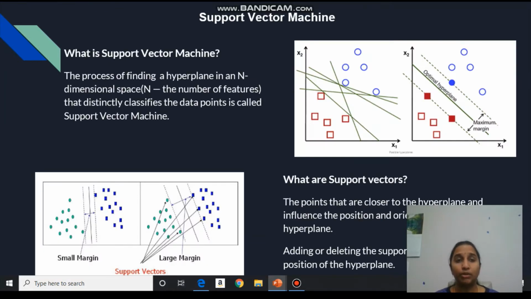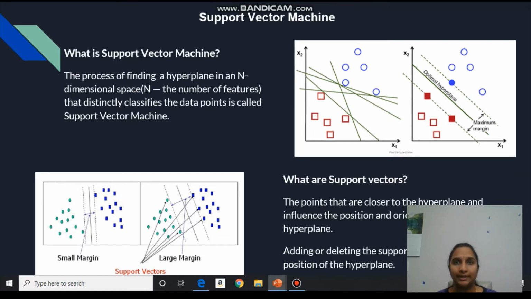This is Ramya. Now I am going to explain what is meant by support vector machine. Support vector machine is a supervised learning model that uses an algorithm to find a hyperplane in an n-dimensional space that can distinctly classify the data points. The other concepts in the SVM model are support vectors.